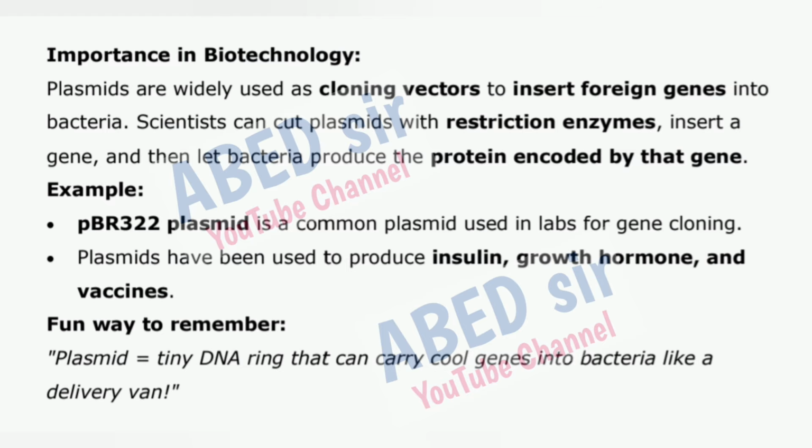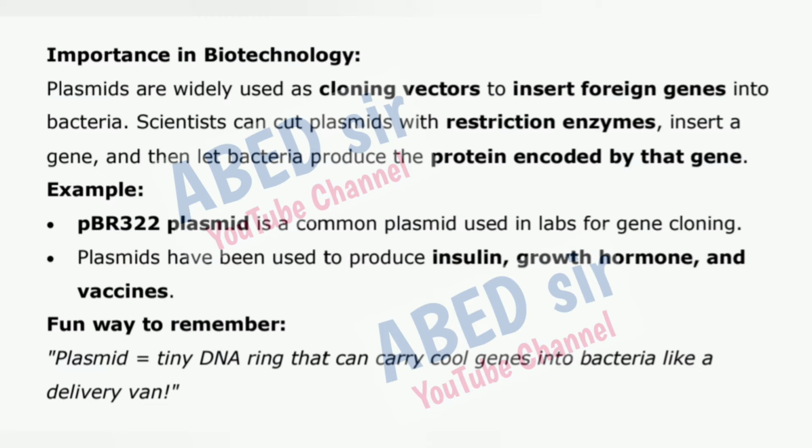Importance in biotechnology. Plasmids are widely used as cloning vectors to insert foreign genes into bacteria. Scientists can cut plasmids with restriction enzymes, insert a gene, and then let bacteria produce the protein encoded by that gene. Example: pBR322 plasmid is a common plasmid used in labs for gene cloning.